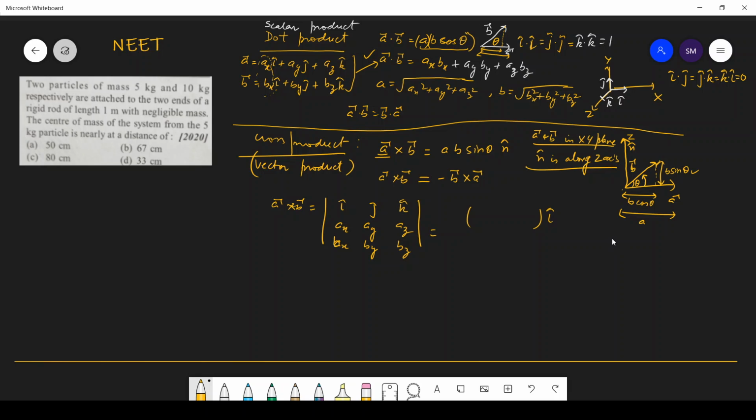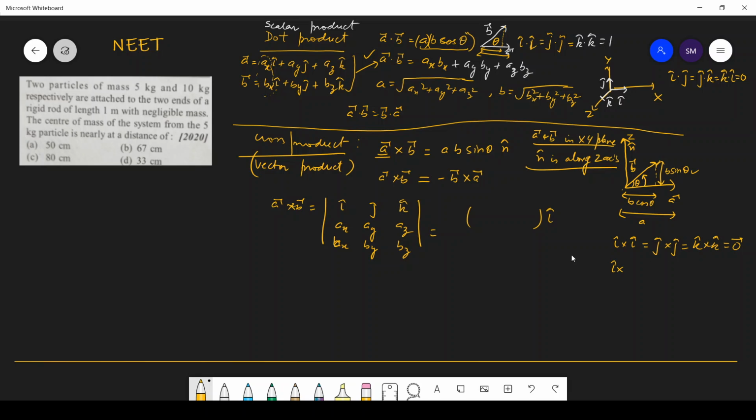Here the cross product will be 0 when sine theta is 0. So i cross i equals j cross j equals k cross k, and that equals the zero vector.